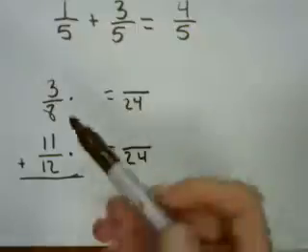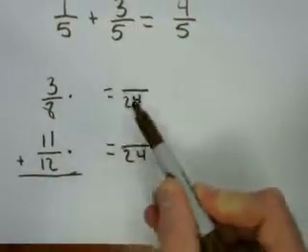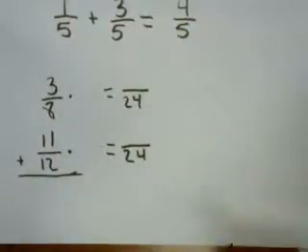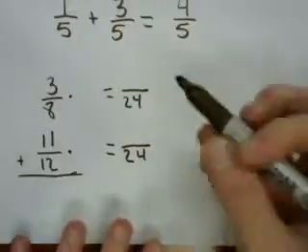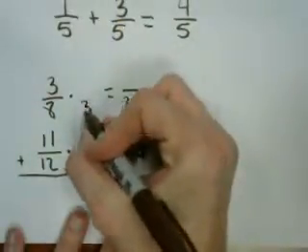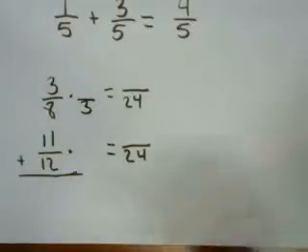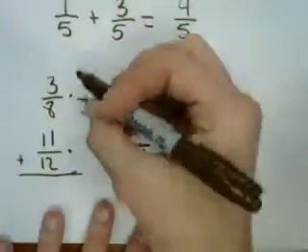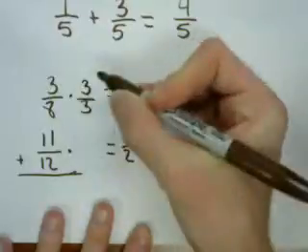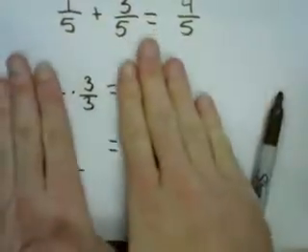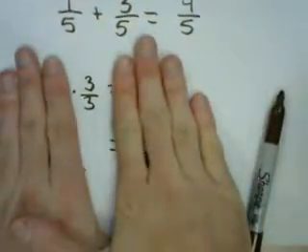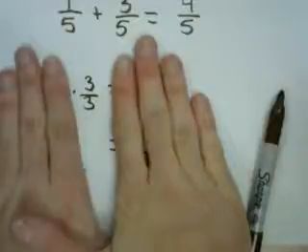So I asked myself, what did I multiply to 8 to get 24? Now the answer to that is 3. I multiply 8 by 3 to get 24. And here's the kicker. I have to multiply that to the top as well. Because if I look at this fraction alone, 3 over 3, that is 1.